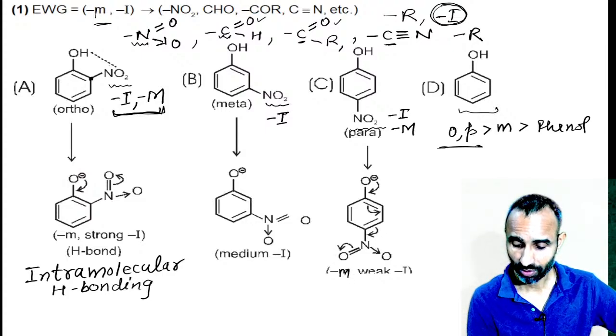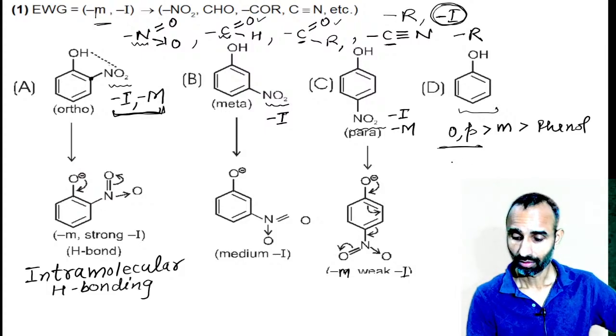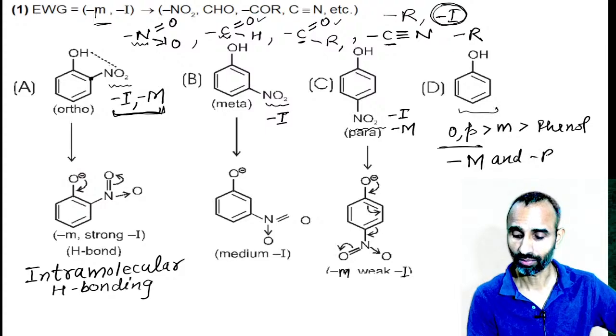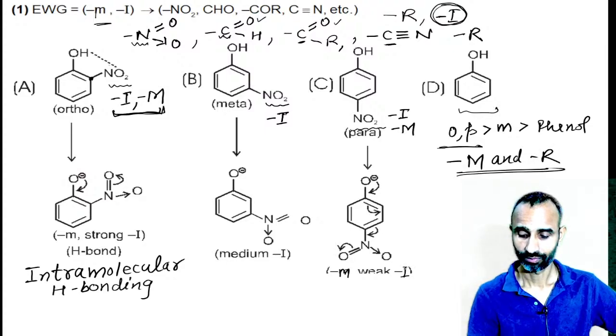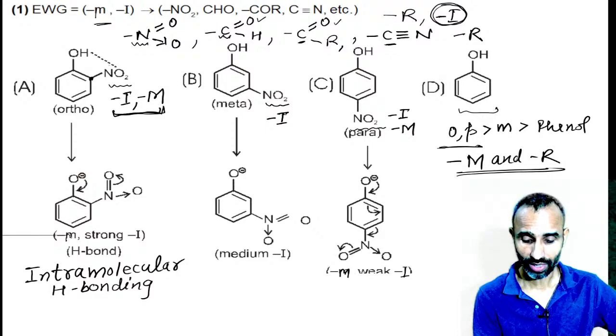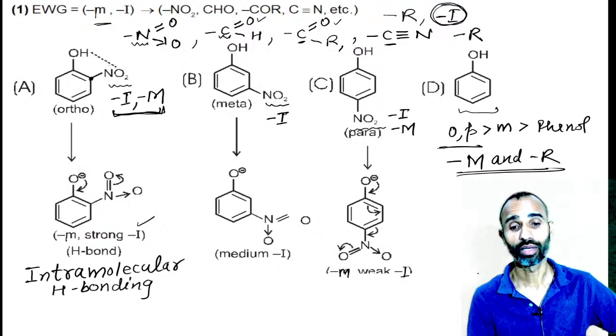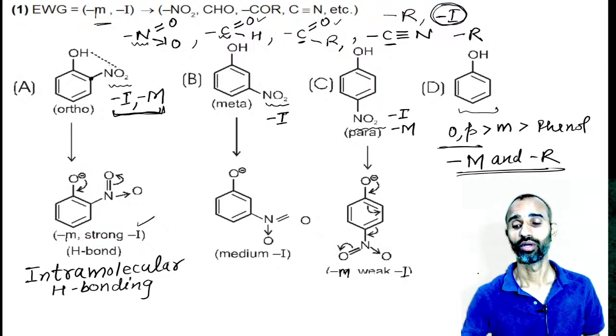Minus M means minus R. Minus M and minus R are same. So in case of ortho, there is minus M and strong minus I, but at the same time there is hydrogen bonding.